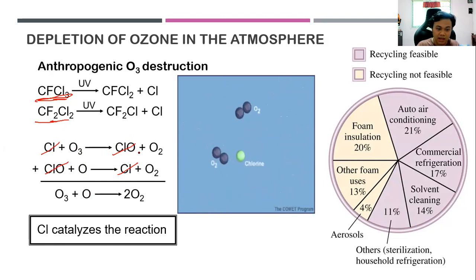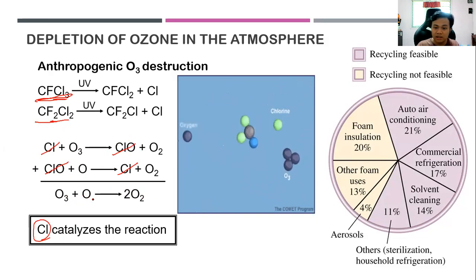O3 plus O, and then 2 moles of oxygen. As you can see, the chlorine catalyzes the reaction, and the net reaction is the destruction of ozone.